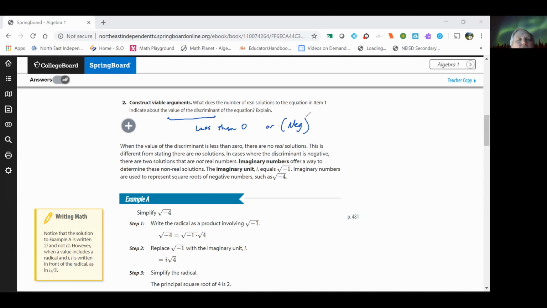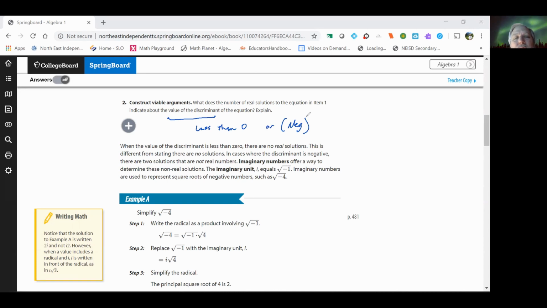When the value of the discriminant is less than 0, there are no real solutions. This is different from stating there are no solutions. In cases where the discriminant is negative, there are 2 solutions that are not real numbers. Imaginary numbers offer a way to determine these non-real solutions.